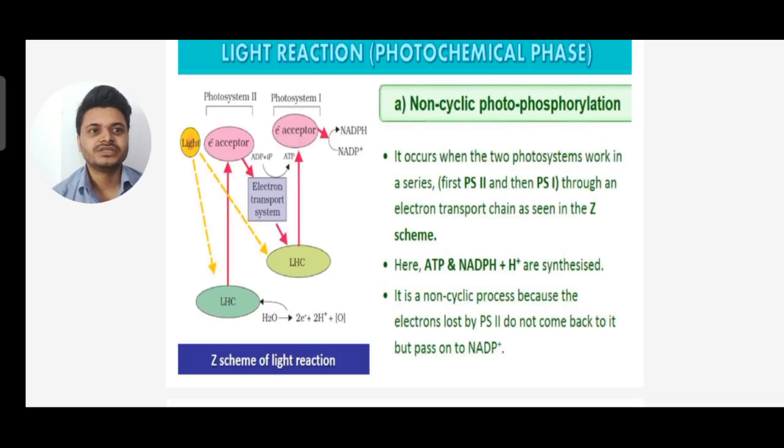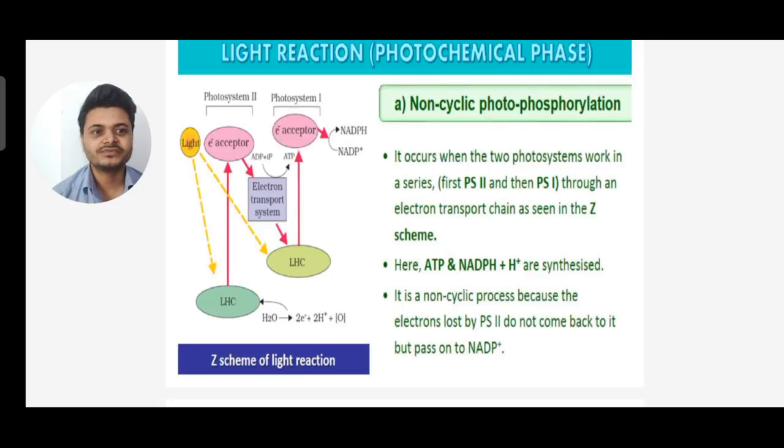Non-cyclic photophosphorylation occurs when two photosystems work in a series, first PS2 and then PS1, through an electron transport chain as seen in the Z scheme. Here ATP, NADPH and hydrogen ion are synthesized.